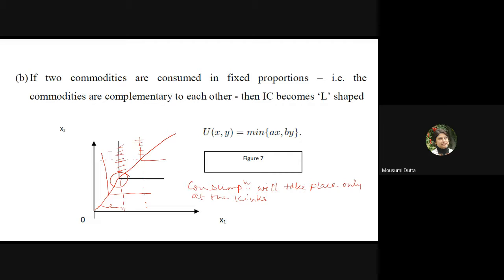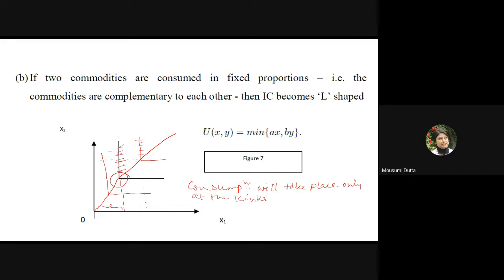Any question regarding the complementary consumption and having an L shape of the indifference curve? This is also called the rectangular indifference curve. So it is an L-shaped or rectangular indifference curve. Any question? Any part I need to repeat?